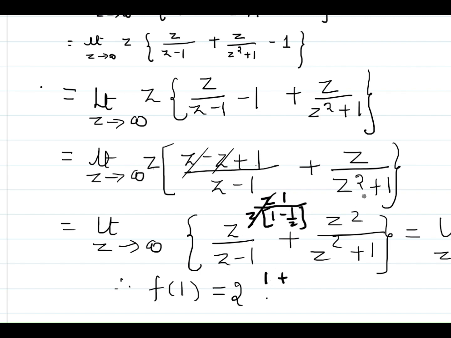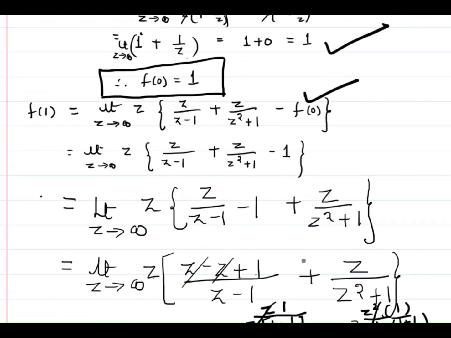Plus now, same for the next, take z square as common, and this z square from the denominator, so here is 1 upon 1 plus 1 upon z square. This is cancelling, again putting z tends to infinity, 1 upon z is 0, so again we'll get 1, so 1 plus 1 equals 2. So hence we have f(1) equals 2.